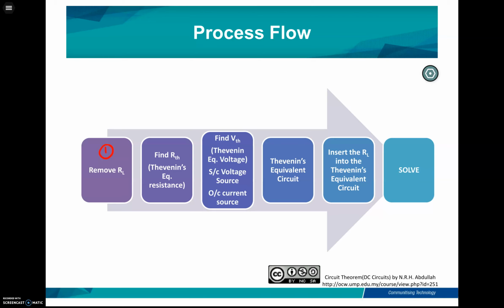For example, if the circuit consists of a voltage source, you have to terminate the source by short circuiting it. And for the current source, you have to terminate it by open circuiting the terminals of the current source. And then at the terminals of the RL, you have to find the V Thevenin, which is the Thevenin equivalent voltage.